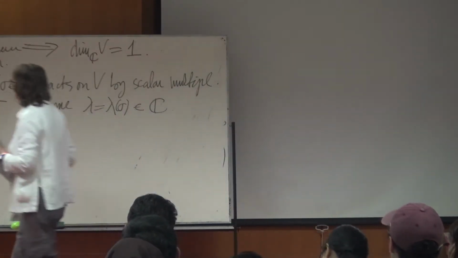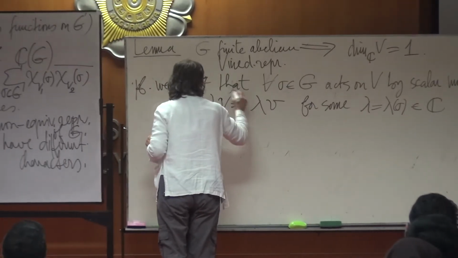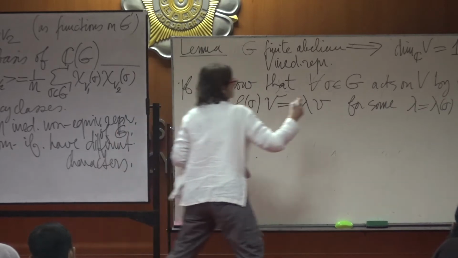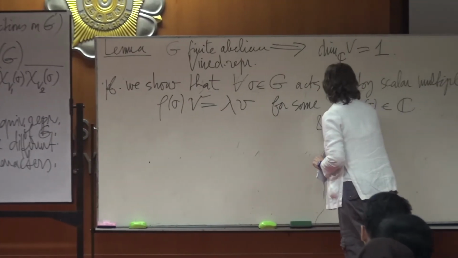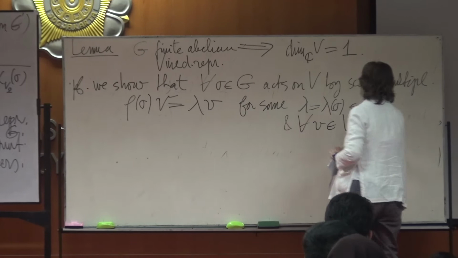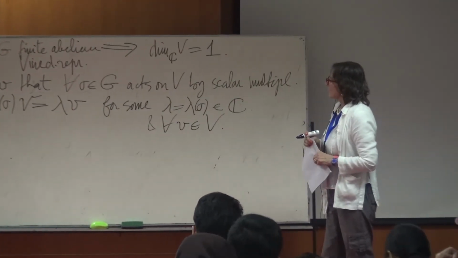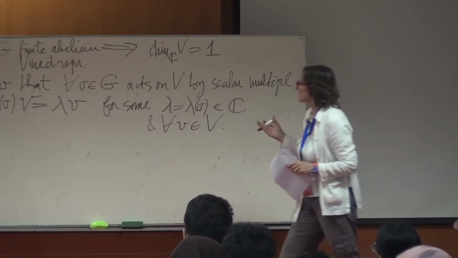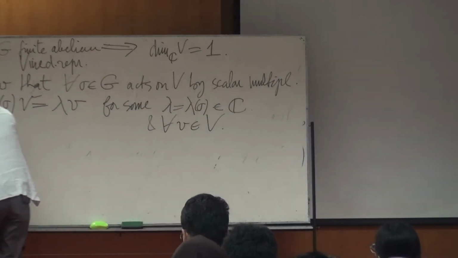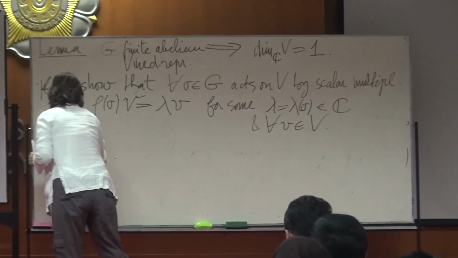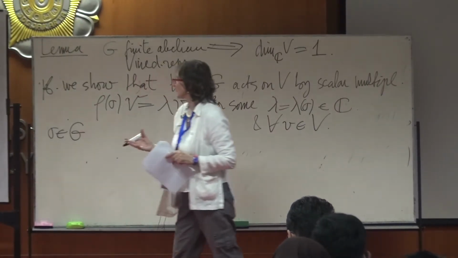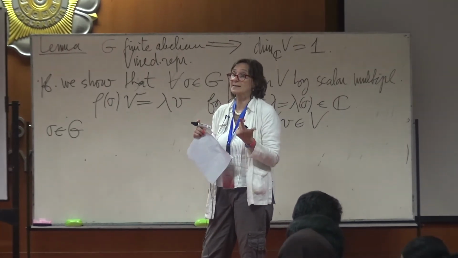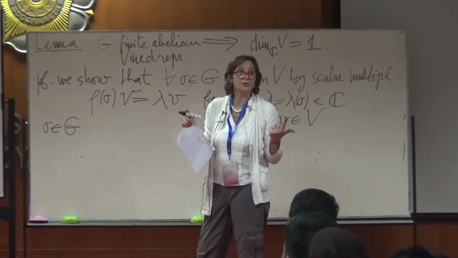So this is for every V, for some lambda and for every V in V. Okay. So what do we do? Now we take an element, sigma, in G, and sigma acts on a complex vector space, so it has at least one eigenvector.